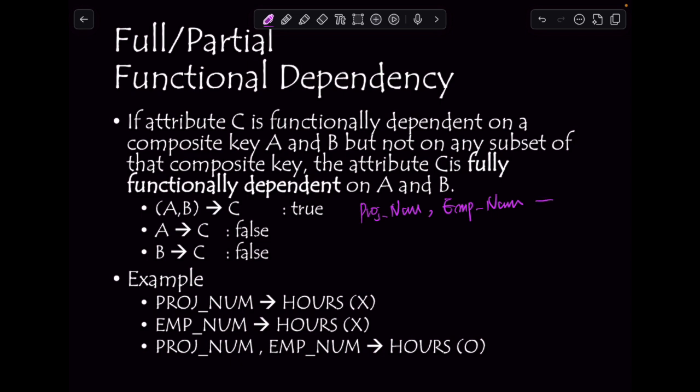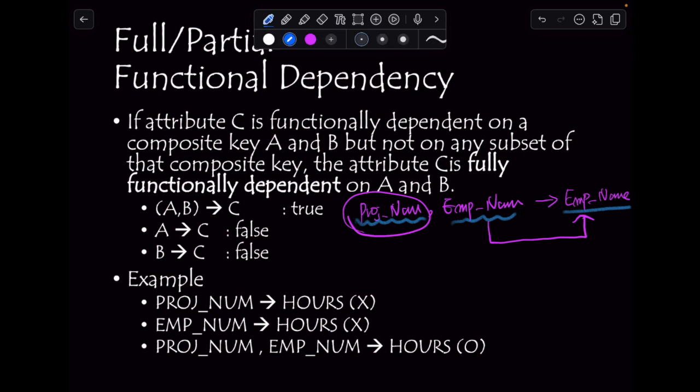Suppose we have project number and employee number together on the left side as a determinant. Then on the right side, suppose we have employee name. In that case, if you consider this project number and employee number together, do you really need both of them to determine employee name? Actually, no. Why? Because just using employee number, you can determine employee name. And project number is there, but it's not necessary to determine employee name.